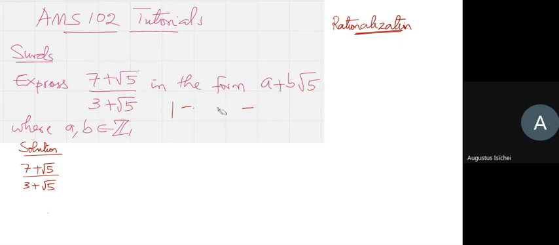The way to solve this problem is to multiply both the numerator and the denominator by the conjugate of the denominator. Whenever you are solving a problem of this kind, or if the question says rationalize the denominator, remember they are the same thing. The first step is to multiply the numerator and the denominator by the conjugate of the denominator. If you understand what I said, please give me a thumbs up.